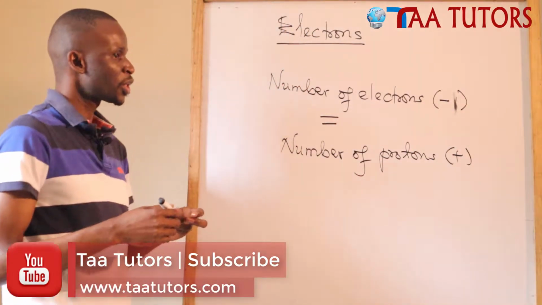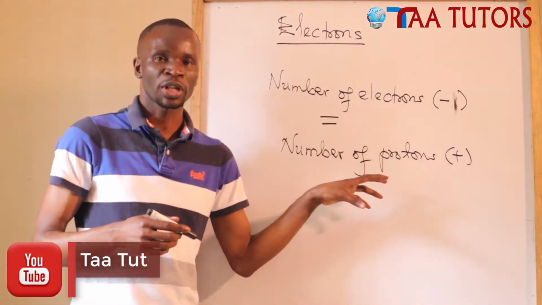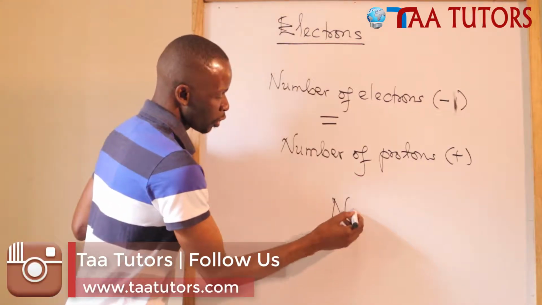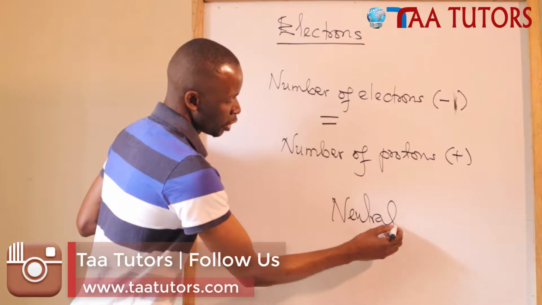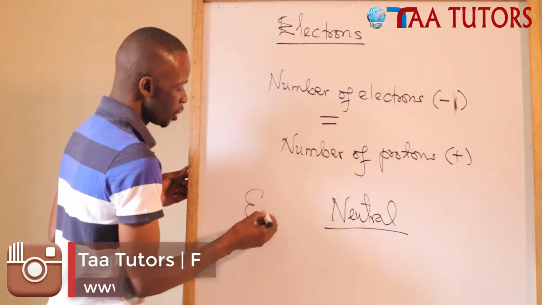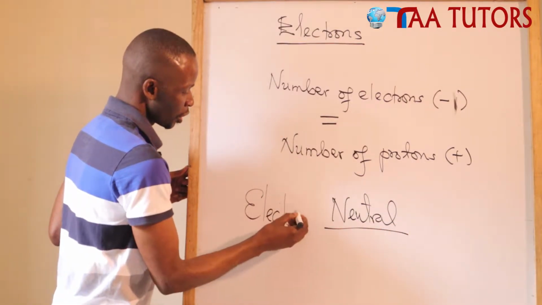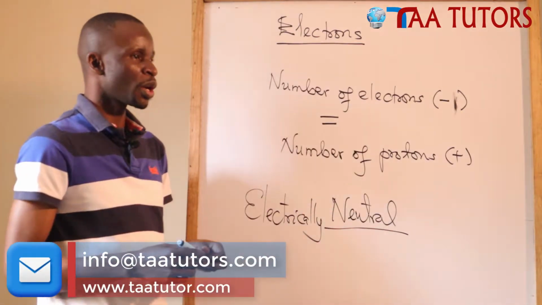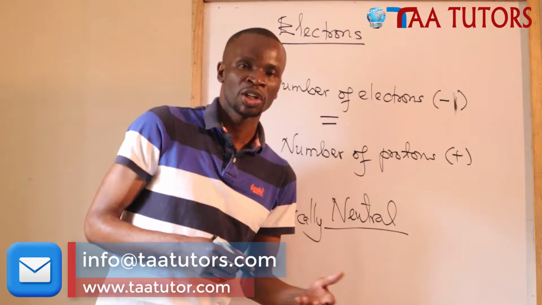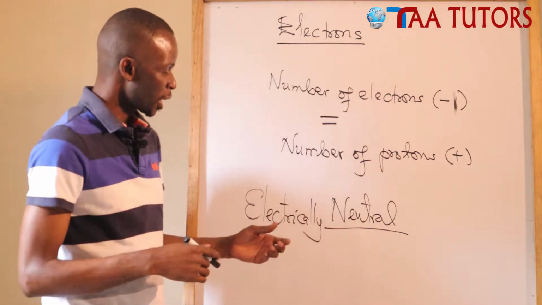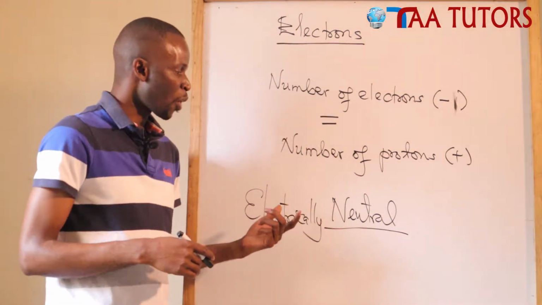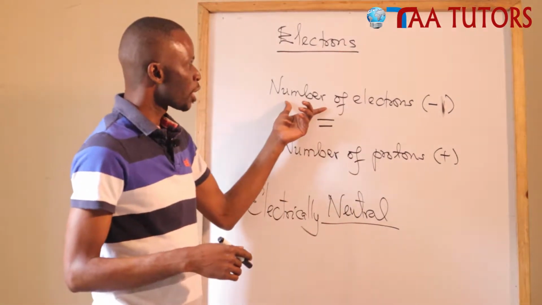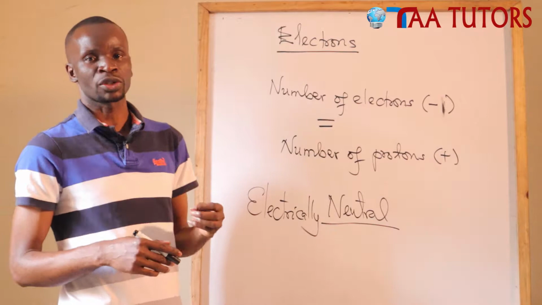So we can actually say that an atom is neutral. Not just neutral, but electrically neutral. It means that an atom is neither positively nor negatively charged. That's what I mean by electrically neutral. Why? Because an atom has an equal number of protons and electrons.